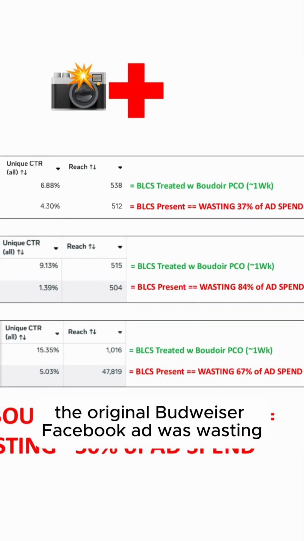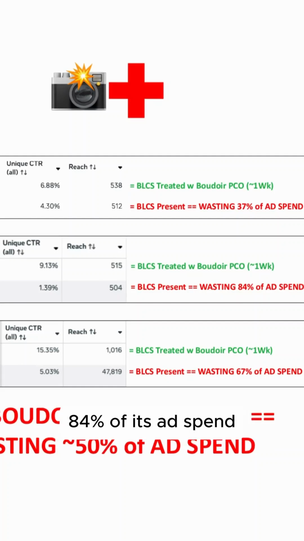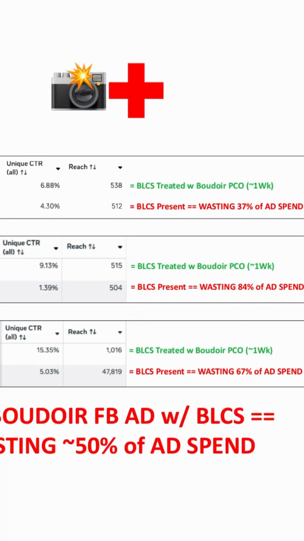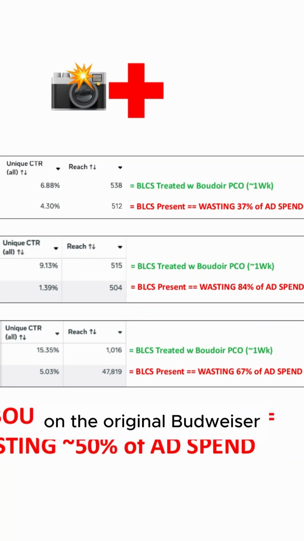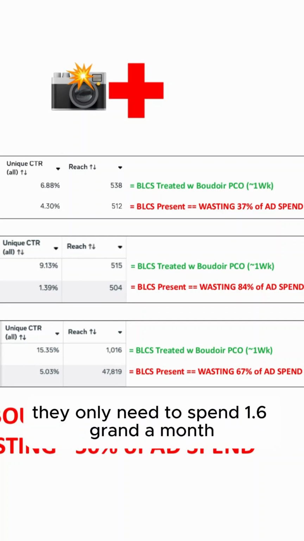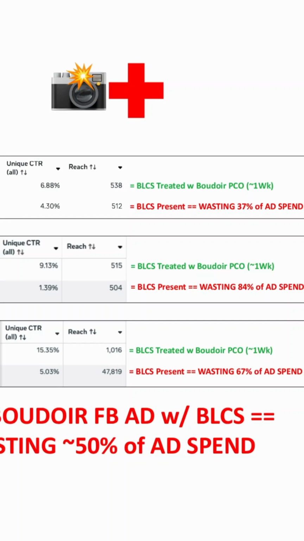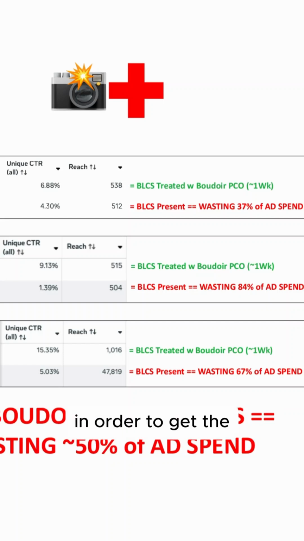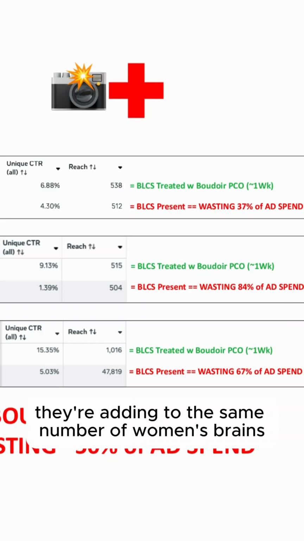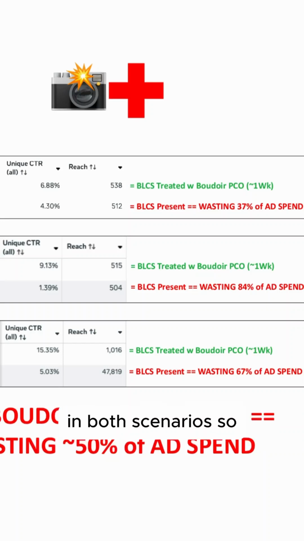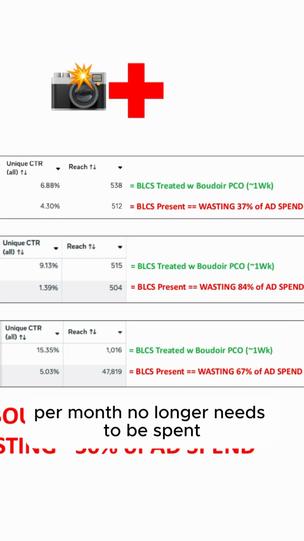So we found out the original Boudoir Facebook ad was wasting 84% of its ad spend. If they're spending 10 grand a month on the original Boudoir Facebook ad, now they only need to spend 1.6 grand a month on the Boudoir Pico treated Facebook ad in order to get their ad into the same number of women's brains in both scenarios. So 8,400 bucks per month no longer needs to be spent.